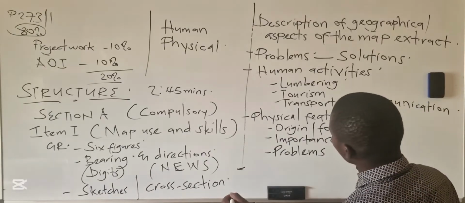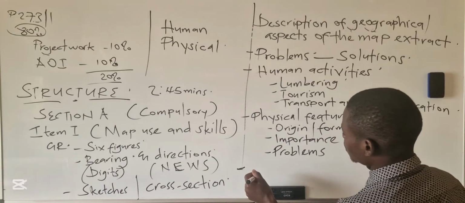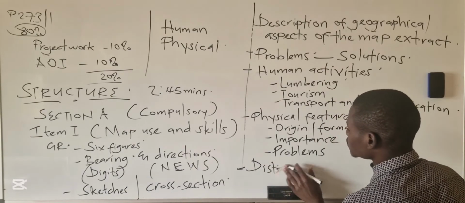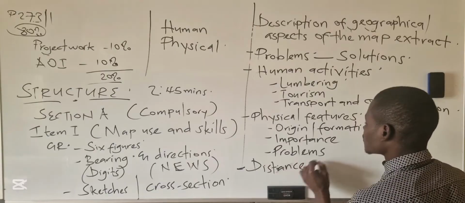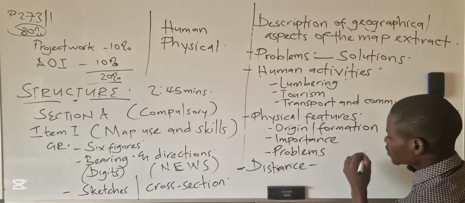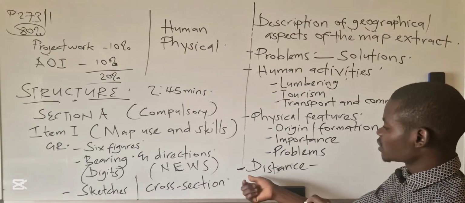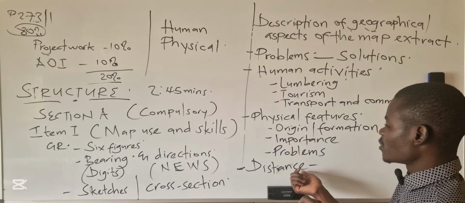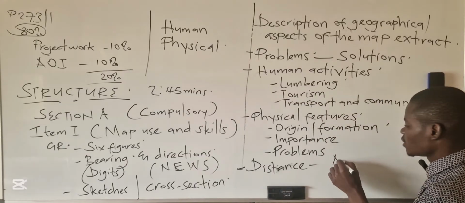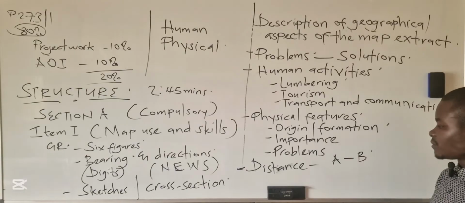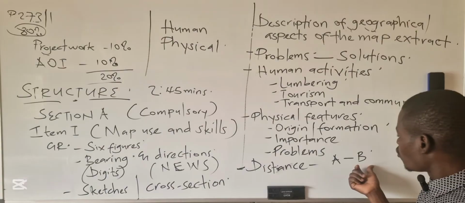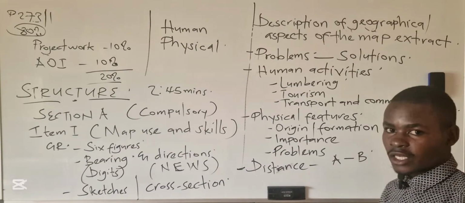So the other aspect, I will not forget about distance. Distance is also important on the map extract. From distance, of course, you may be required to measure the distance, maybe from point A to point B. However, that distance, you measure it with the help of what we call the scale.